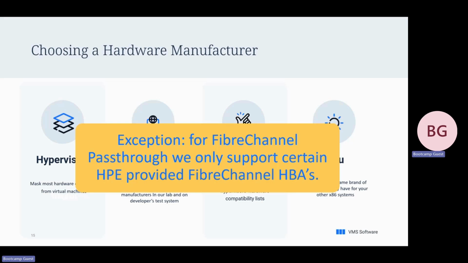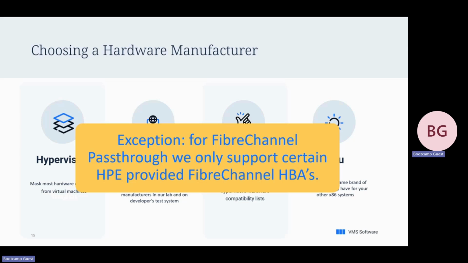If you use shared storage, or if you use Fibre Channel storage, then we only support certain HBAs. The reason for that is when you use Fibre Channel in a virtual environment, you need to use Fibre Channel pass-through. And if you use Fibre Channel pass-through, it means that the PCI card, the HBA that connects to your Fibre Channel network, is seen directly by the OpenVMS operating system.